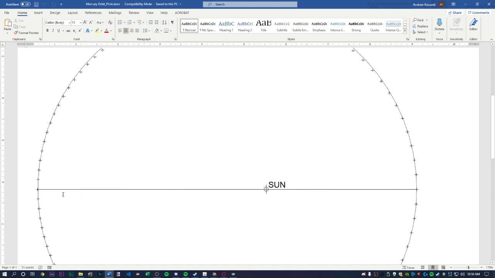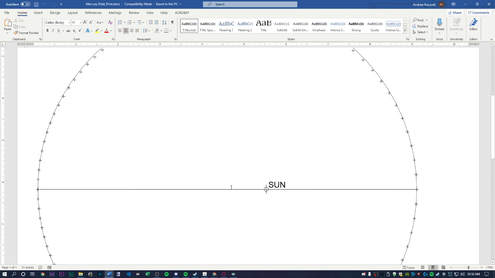So what you do here is you measure the major axis, which is this line running through the center here, and then you need to halve it. Let's say it was like 10 centimeters. So you would halve it, so that would be 5 centimeters, right there.